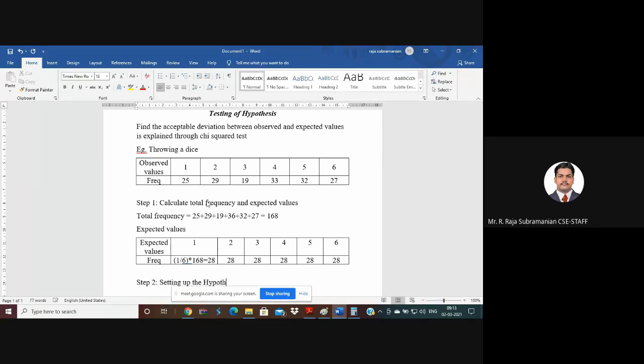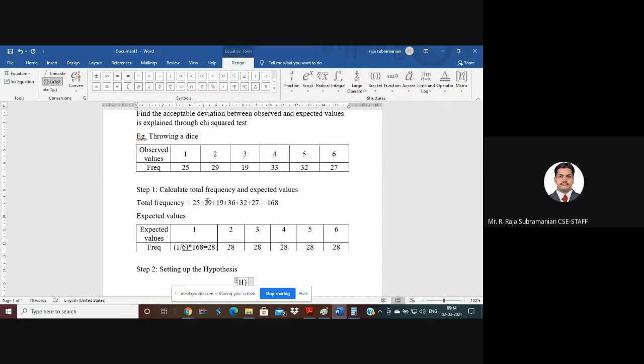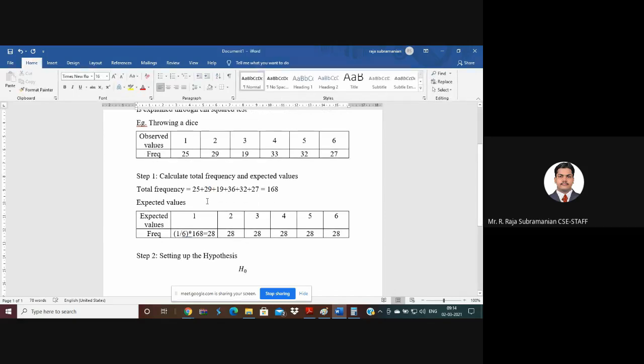Now I will set my hypothesis so that I can say whether my hypothesis should be accepted or rejected. I say two hypotheses. That is, one is the null hypothesis, and my null hypothesis states that the dice is fair. This dice is thrown fairly.